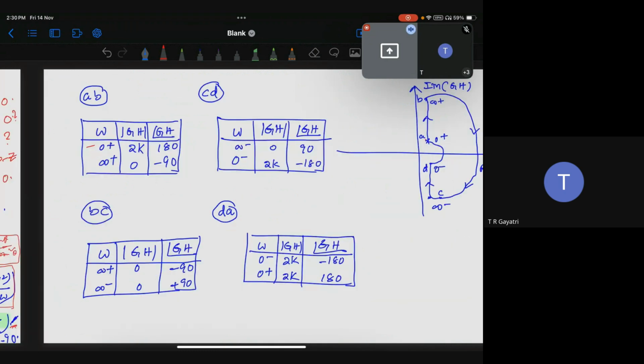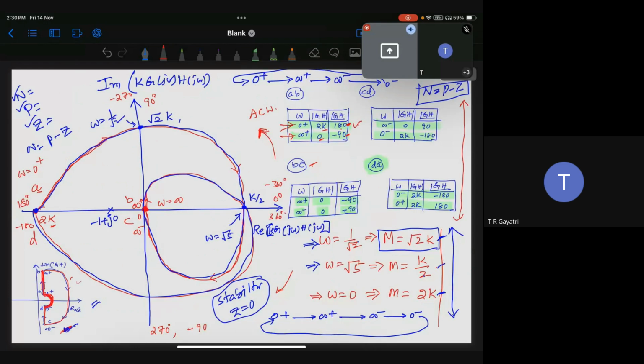But see the image. It starts here, went all the way and came back. How many encirclements? N is equal to 1. So N we got 1, P is 0. What is the Z now? Z is -1.